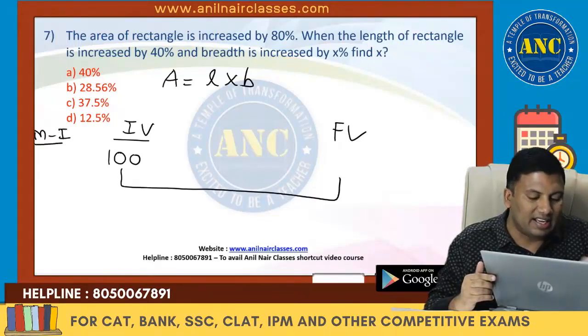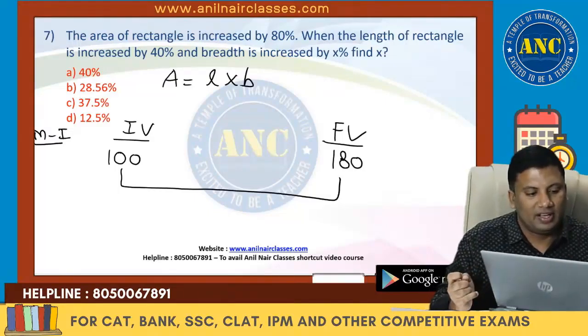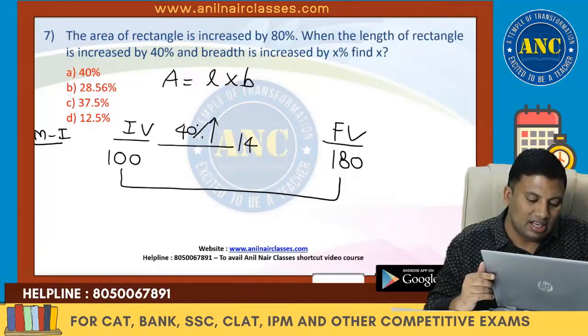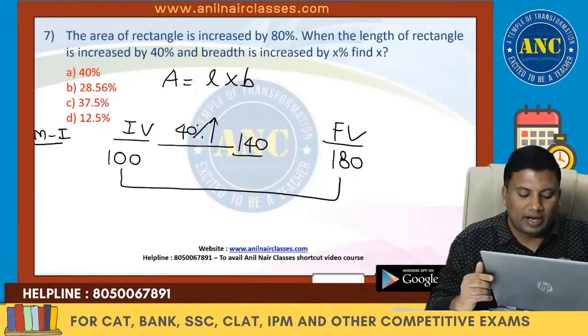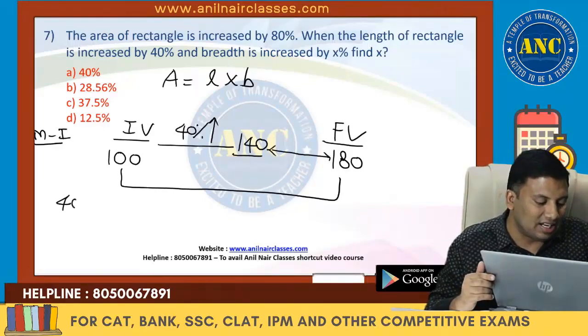Final value it is 180. Length is increased by 40%. This is 140. Breadth 140 became 180. It is nothing but 40 increase on 140 into 100%.